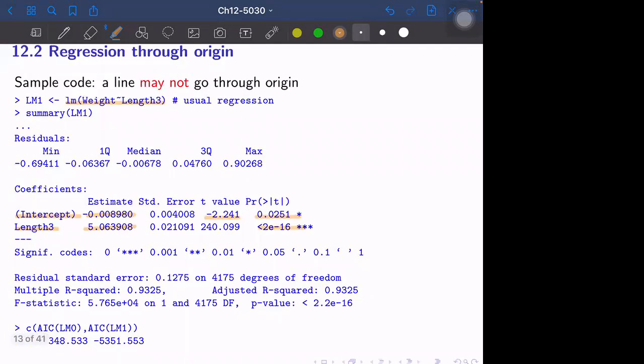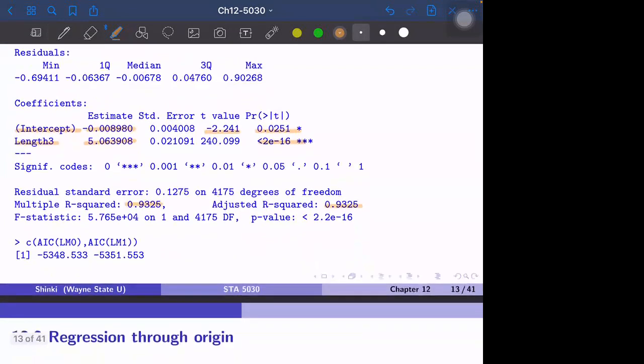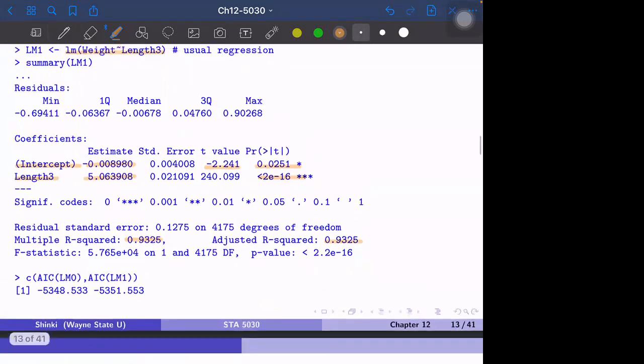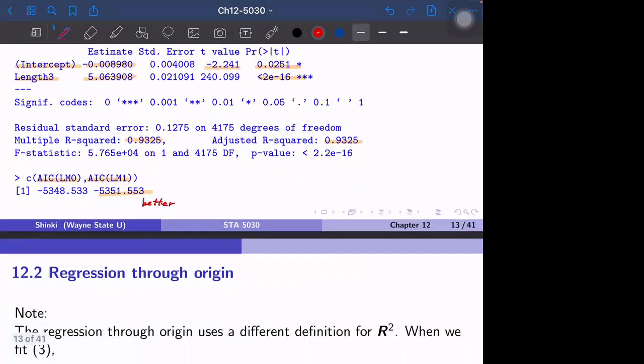And the multiple R squared, adjusted R squared, is 0.9325. The adjusted R squared looks smaller for the second model, but actually the AIC is better for this second model, because AIC is smaller, and smaller is better.